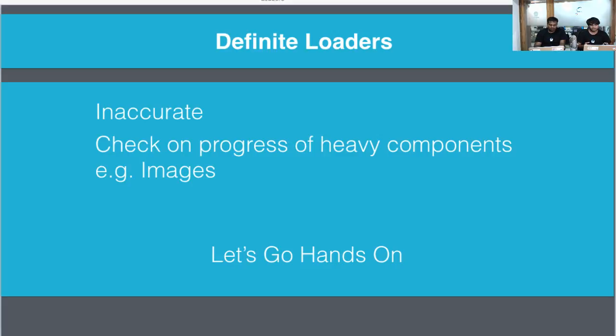To make those kinds of loaders, you need to take care of everything in your website, like all the scripts and all the images. To make an inaccurate loader, you can take the heaviest items in your app. If it is a huge library, you can see how much time the library is going to take to load, and depending on that, create a loader.